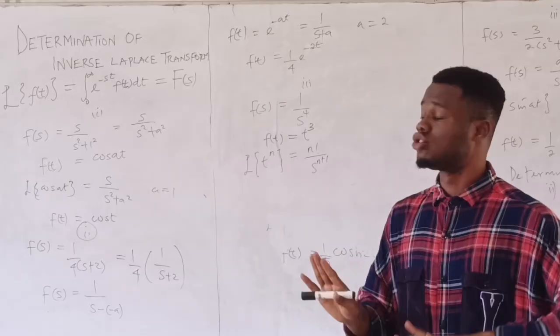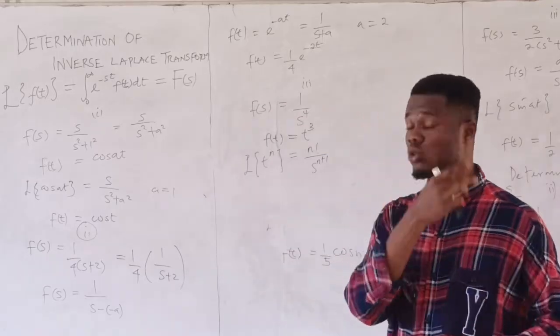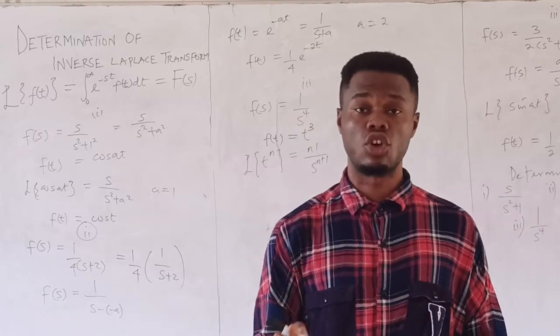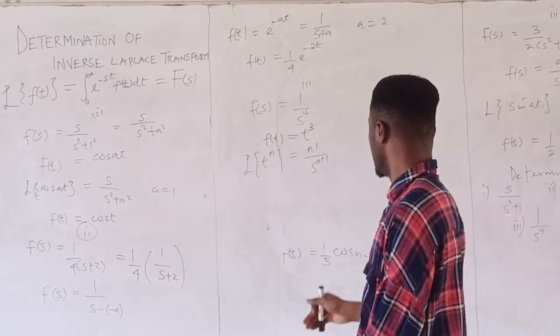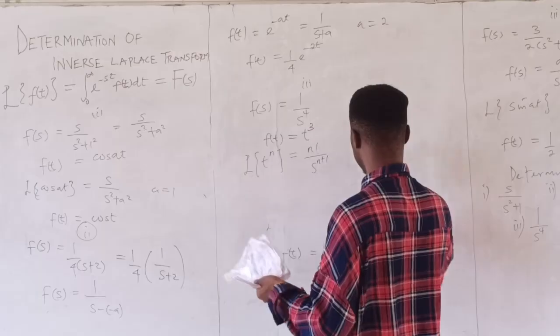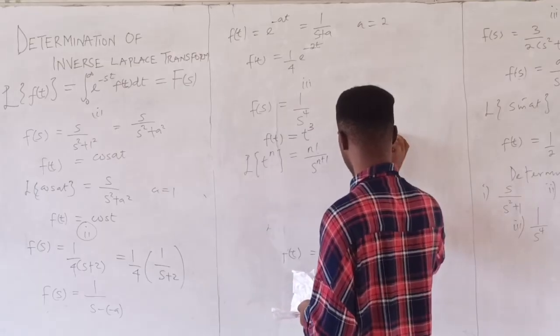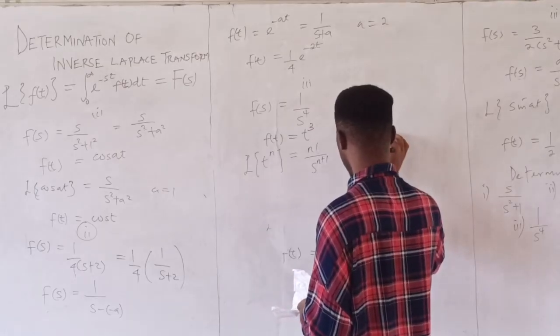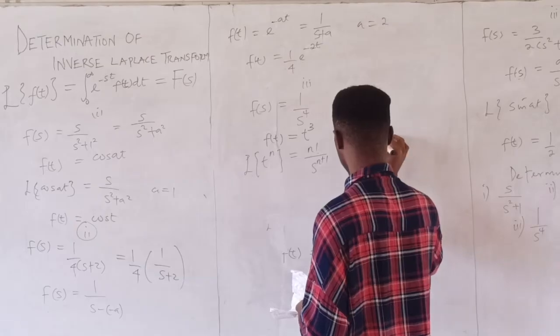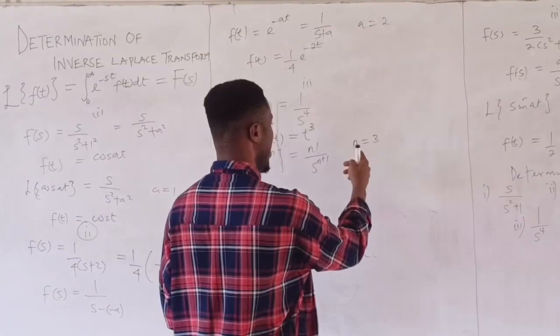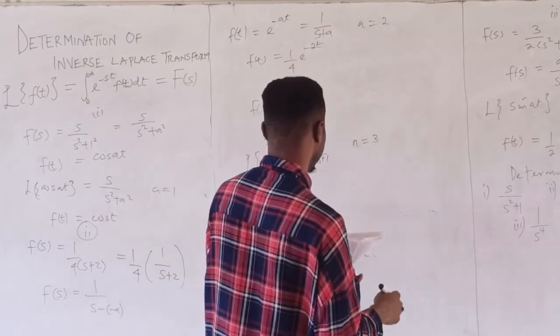Remember what I told you: don't look at the numerator, the first thing you should look at is the denominator of the function. Since I look at the denominator of this function, it clearly means that n is equal to 3.